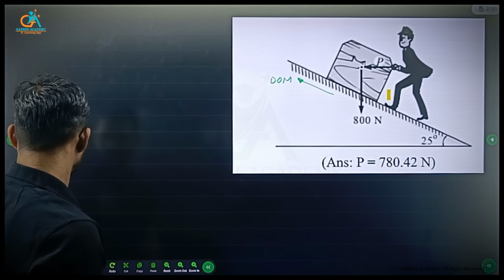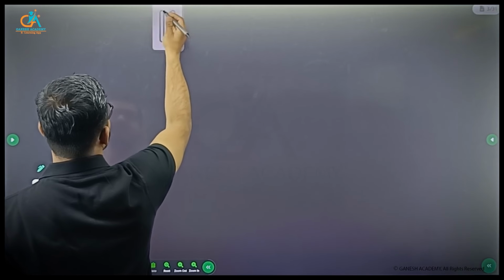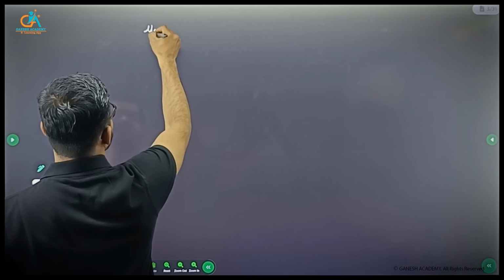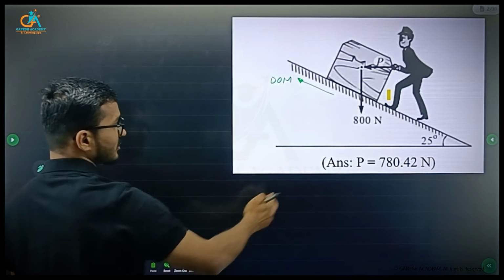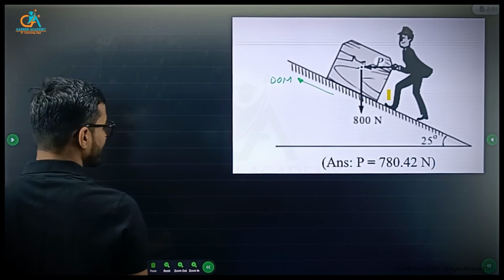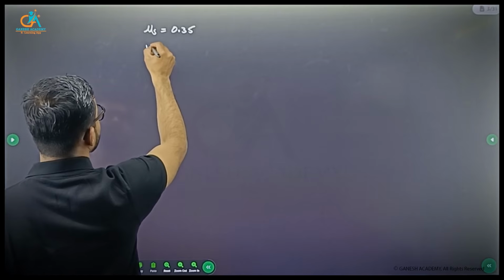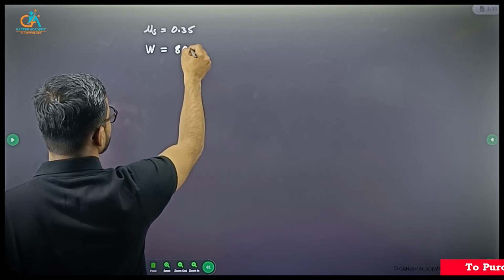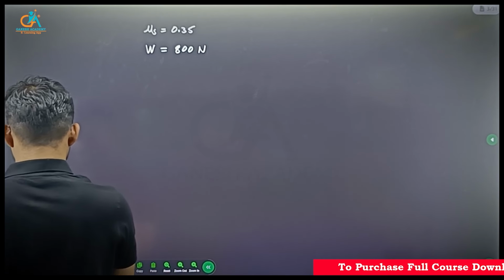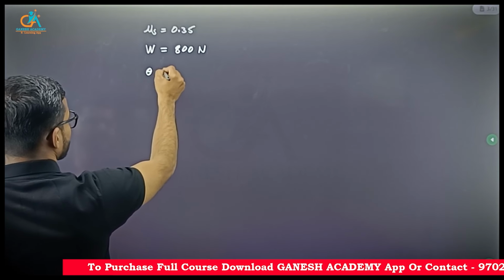So what is given? Mu is given 0.35, and from diagram you can say the weight of the block is 800 Newton. And the angle of inclination you can take any angle, let's say theta.